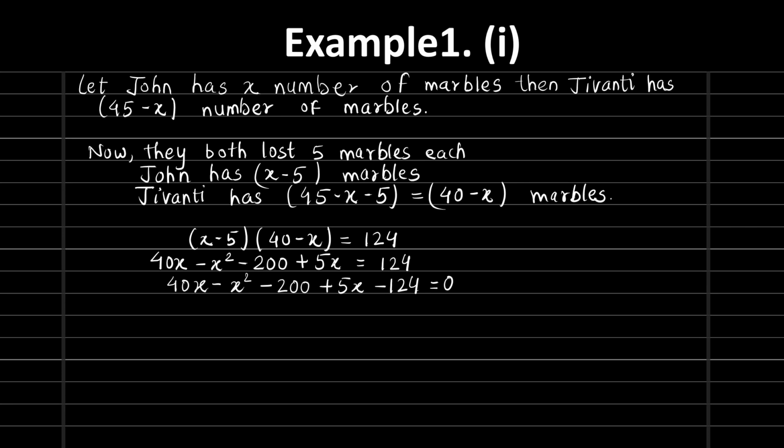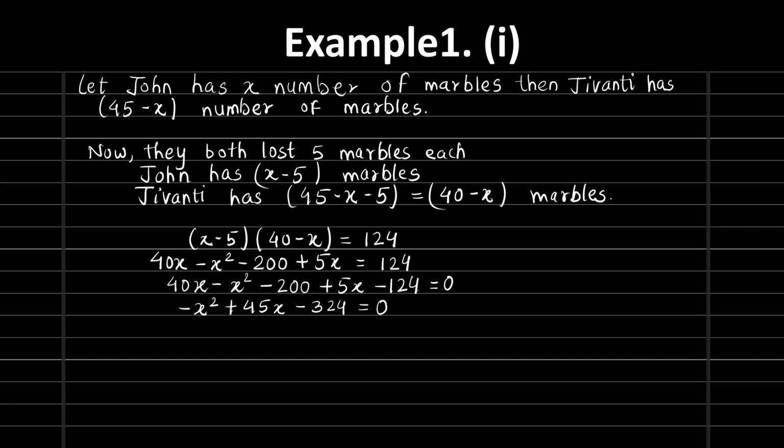Now let's write this entire equation in the form of decreasing exponent of the variable. First, minus X square. Now 40X plus 5X gives plus 45X, and minus 200 minus 124 gives minus 324 equal to 0.